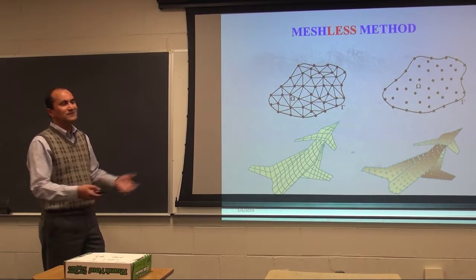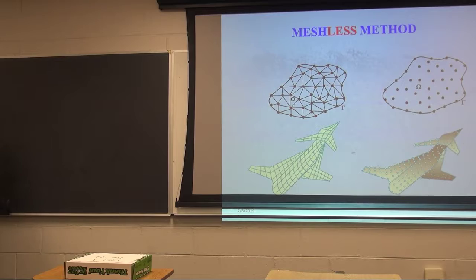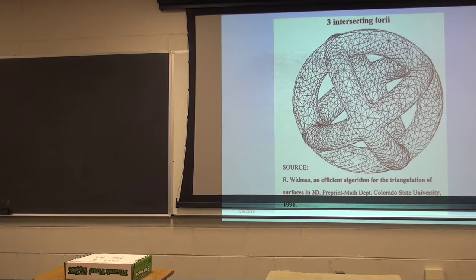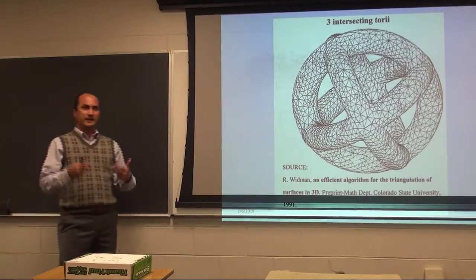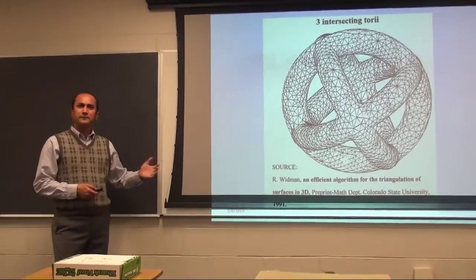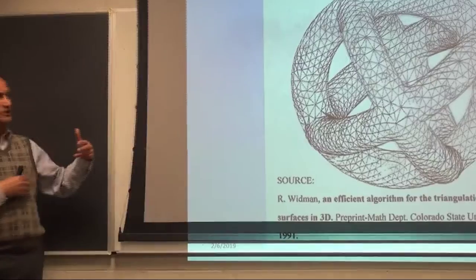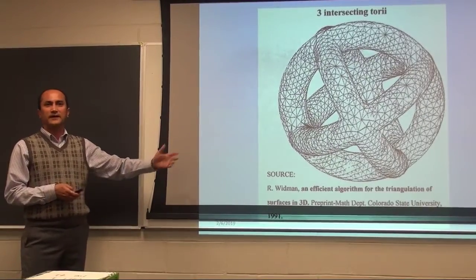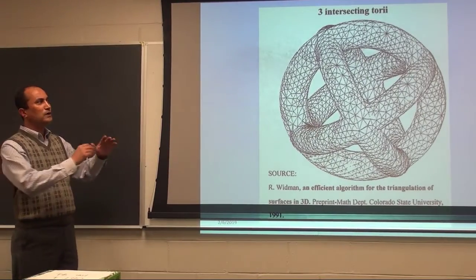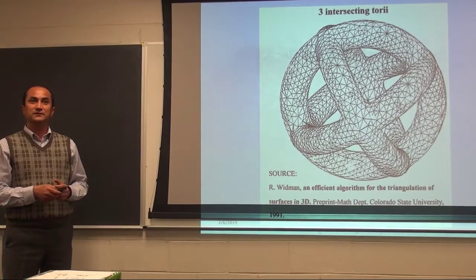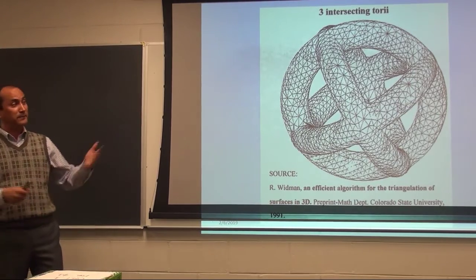And this is just one example, three intersecting tori, from one paper. In this paper, the mathematicians wanted to create a mesh. So how difficult it is to create a mesh in this case.